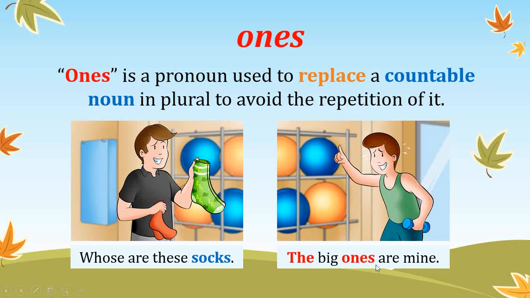The big ones are mine. The big ones is making reference to the socks. It is replacing the word socks. And we use ones with an S in the end because we have a plural countable noun. We have 2 socks. So this is plural.